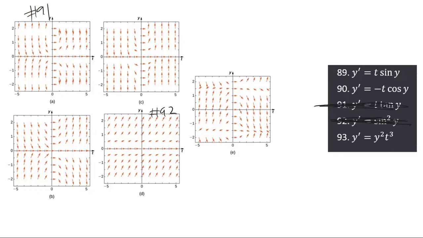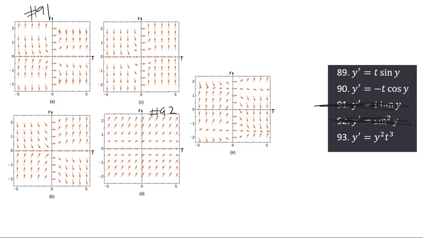Okay, cross that out now. Now let's figure out 93. We can do the sign test. In quadrant 1, the slope should always be positive because y and t are positive, so we can eliminate choice E right away.